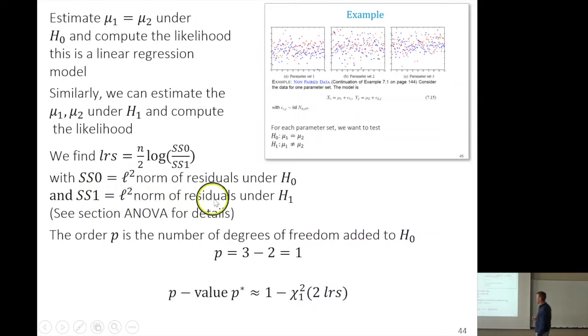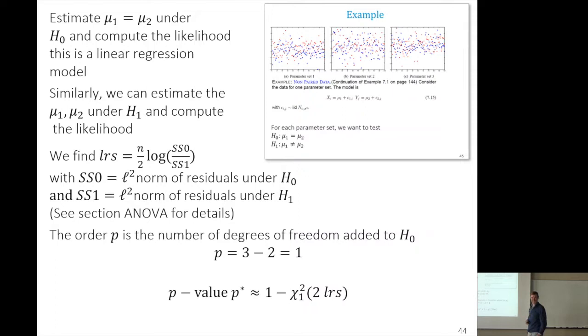And SS1 is if we accept H1. Which one should be smaller? Yes? SS0 should be smaller?